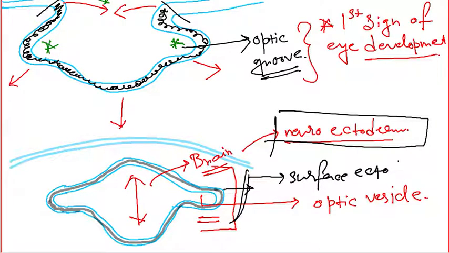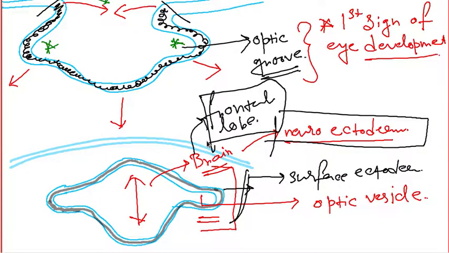And this part of the brain is the frontal lobe, and the two eyes are forming on both sides of the frontal lobe.